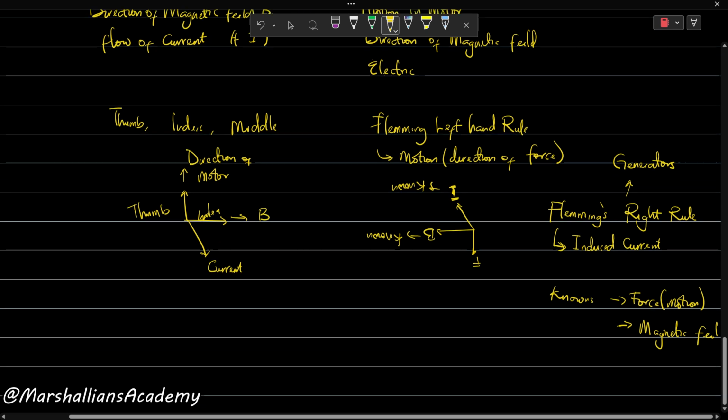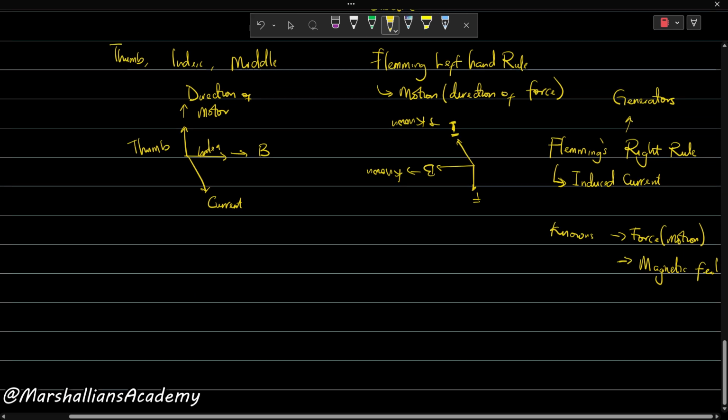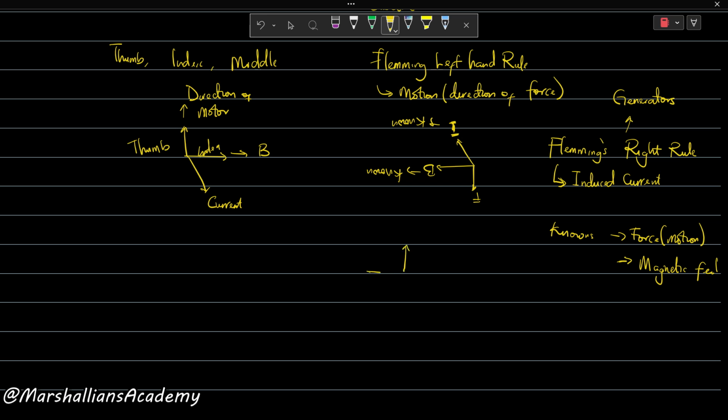And how does the right hand rule look? Exactly the same way. Position your right hand in exactly the same way you position your left hand, all at 90 degrees to each other. Now, using Fleming's right hand rule, don't forget the thumb will still represent the motion of the force, the index finger will still represent the magnetic field, and the middle finger will still represent the current.